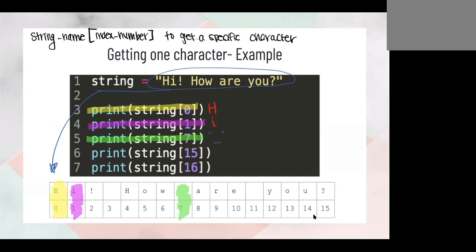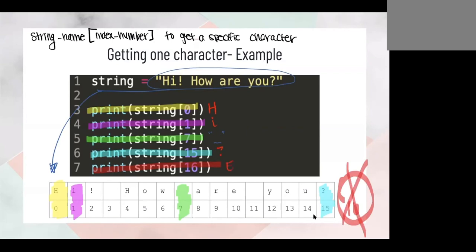What about string 15? If we try to print out string 15, what would print there? Very good, a question mark. That is what's going to print. And then finally, what about string 16? This one's a little bit of a trickier one. So there's no such thing as 16, right?